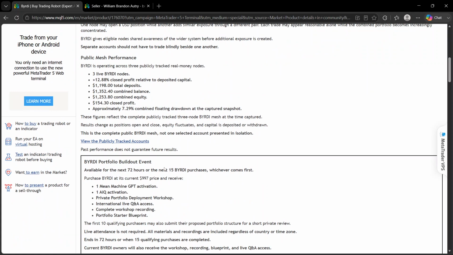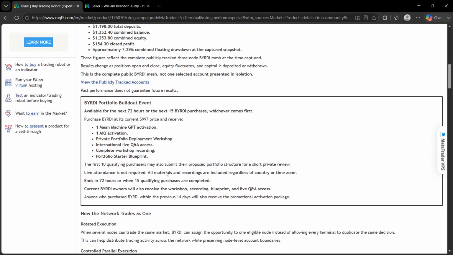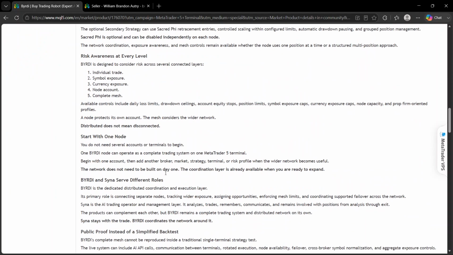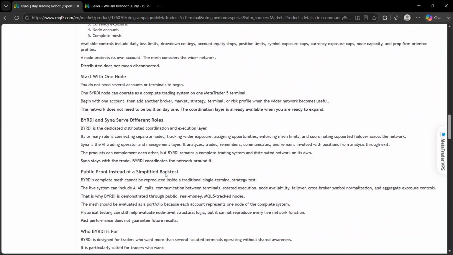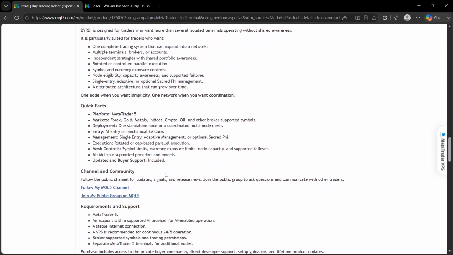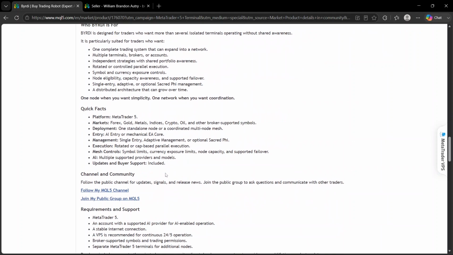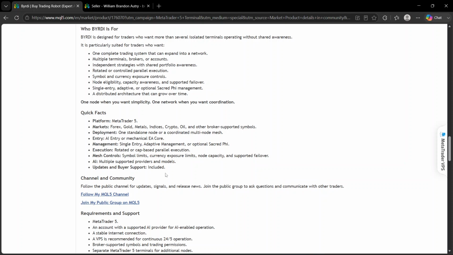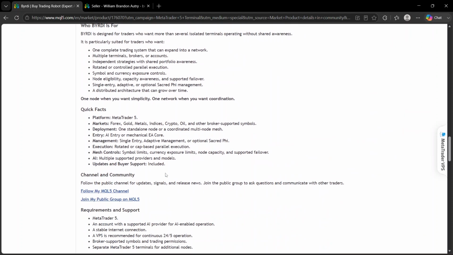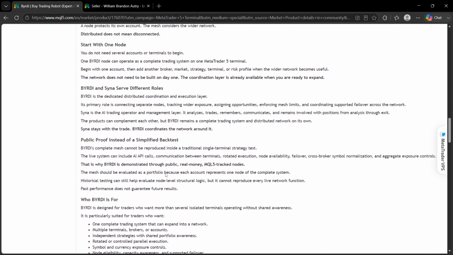Now, if you're wondering, is this for me? It might be if you're a trader who is comfortable running more than one terminal or account, who wants shared exposure awareness, and is willing to configure the risk layers carefully. People who will start with single entry or adaptive and keep scaling limited, or prop firm users who lock the profiles down tight, can also consider it.